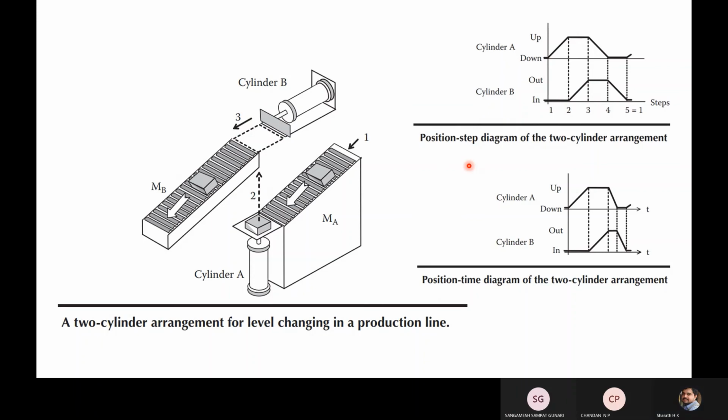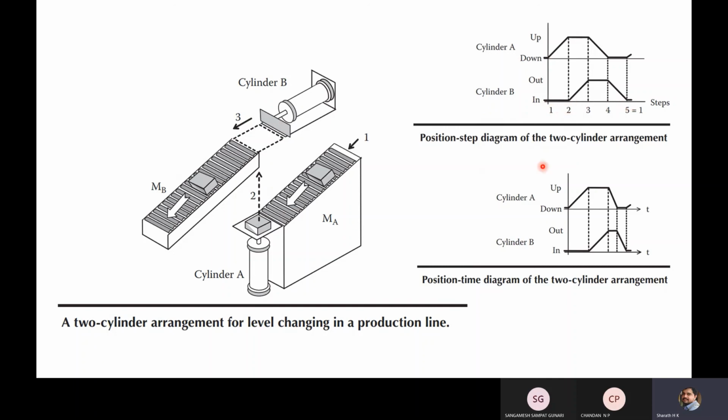Next, position time diagram. Here we were not concerned about the speed of extension stroke or retraction stroke. We were choosing the same intervals. If it is step 1, we are considering the same length on the x axis.